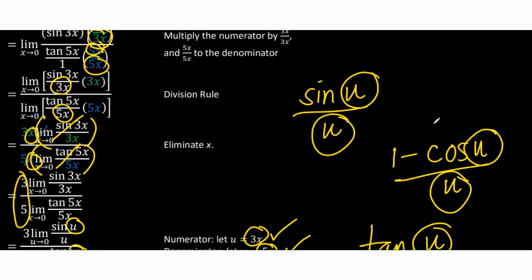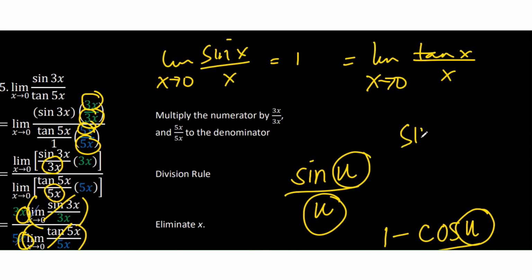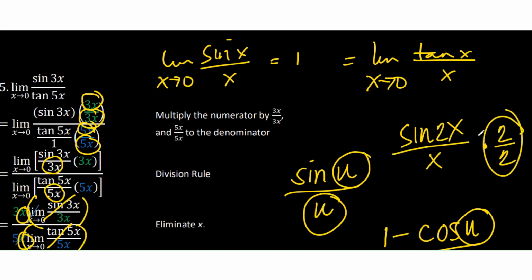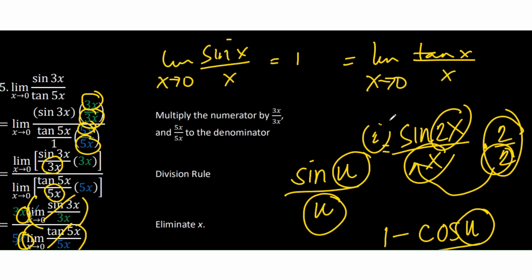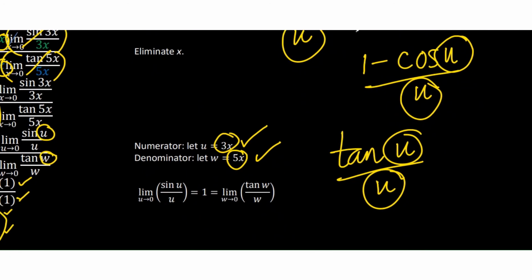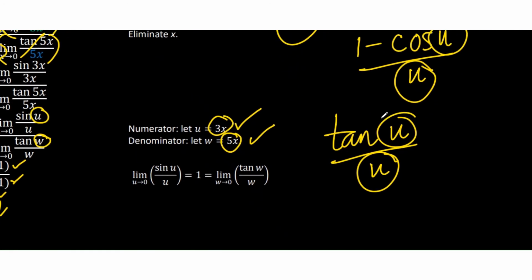Okay. Now, if they are not the same, so let's say, again, you have sine 2x, then this is x. That is the time for you to assume, okay, have a number that is 2 over 2, so that 2 is shared to x there to be able to have 2x over 2x. So what is left? 2. Well, you will just repeat the same thing when you are solving these special limits.